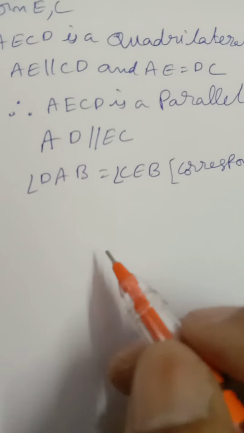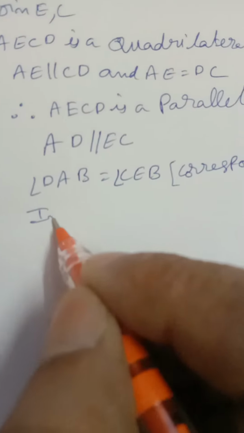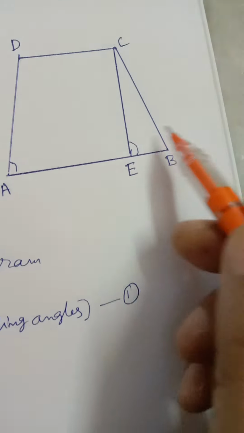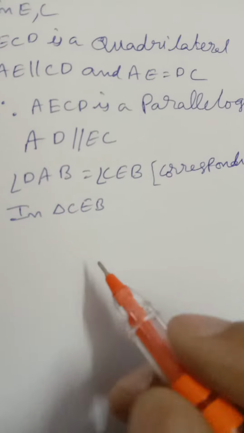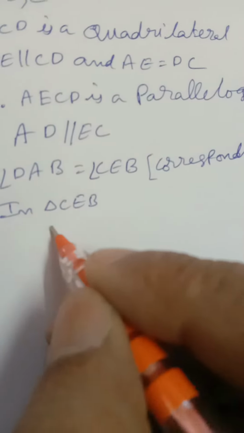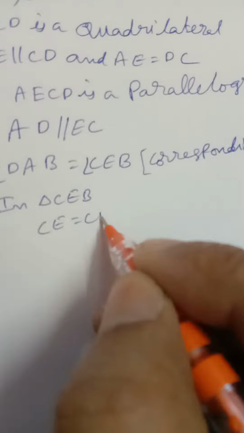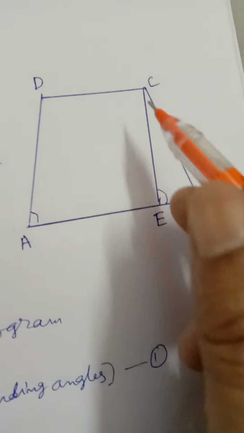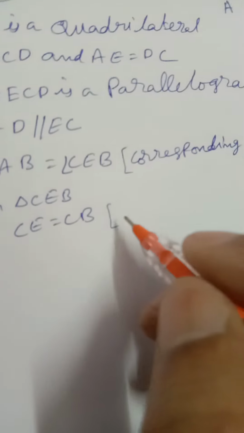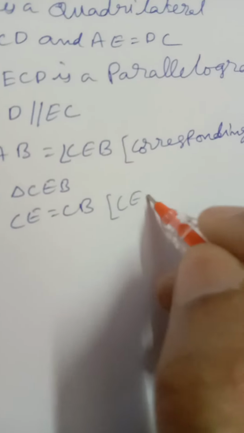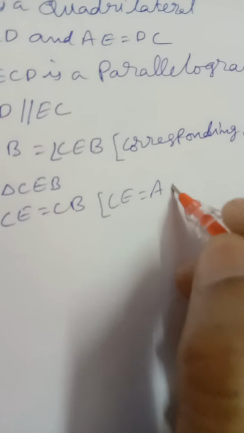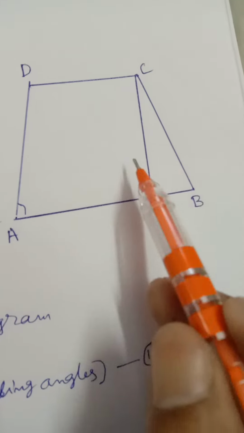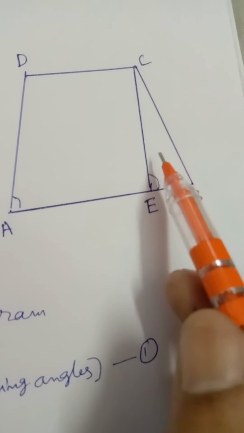Next, in triangle CEB, CE is equal to AD, and CB is equal to AD. Therefore CE is equal to CB.